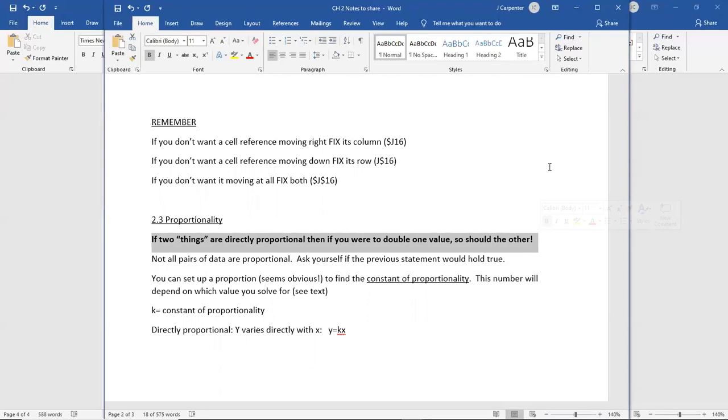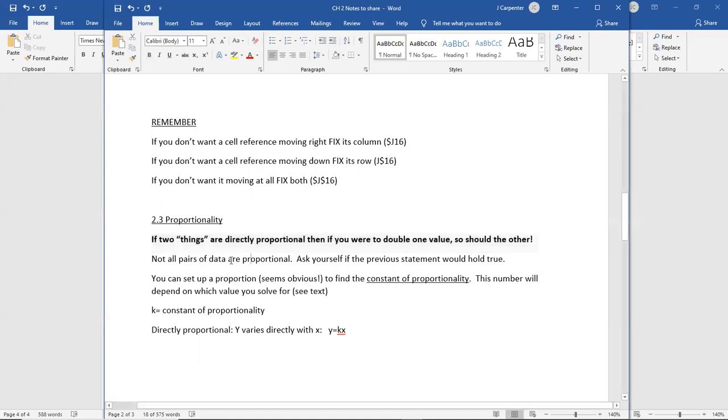A lot of times when we speak math, we drop some words because they're understood implicitly. It's implied. So all the types of proportionality we were studying back in 2.1, we're saying that if they were directly proportional, we just said if they were proportional, then if one thing doubles, the other thing should double. That is the base concept of direct proportionality.